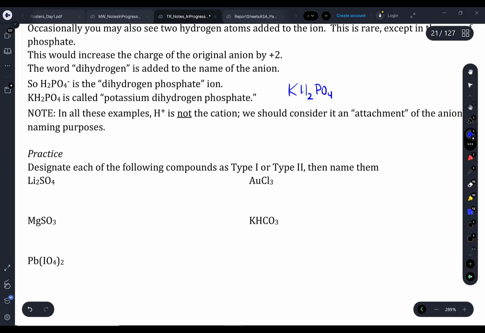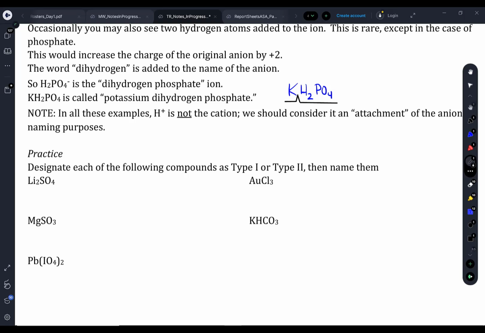There's only 1 cation here. What is the cation? The cation is potassium, right? So when I say you're sticking the H in front, the H belongs to the phosphate.